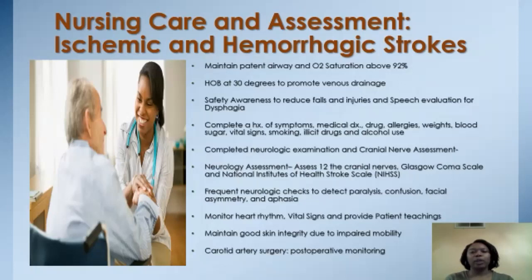The nurse should be prepared to complete a neuro assessment, a cranial nerve assessment of all 12 cranial nerves, as well as complete their facility's policy neuro checks or neural assessment that's in place.